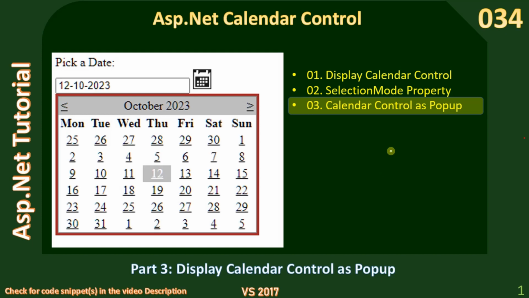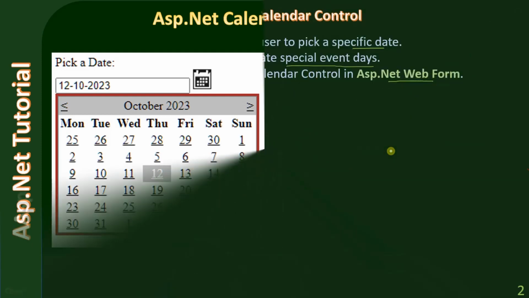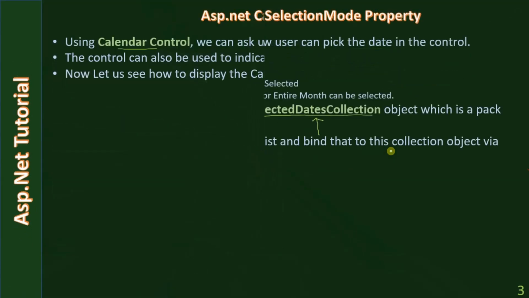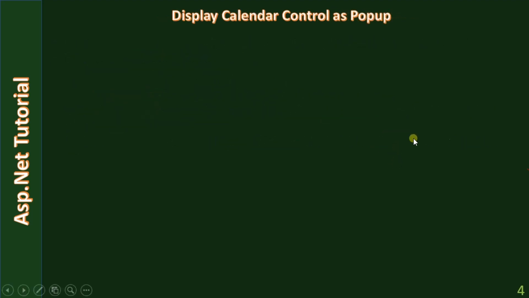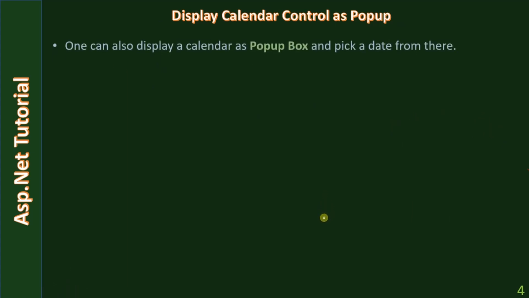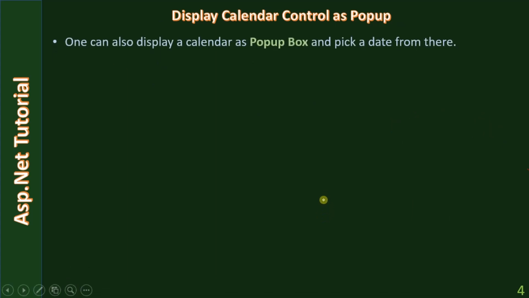In this video, we will see how to display calendar control as a pop-up control. One can also display a calendar control as a pop-up box and pick date from there.